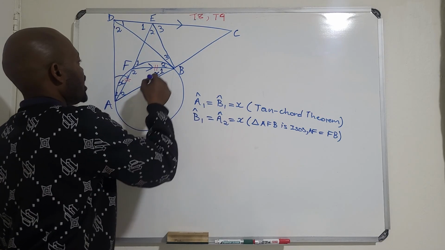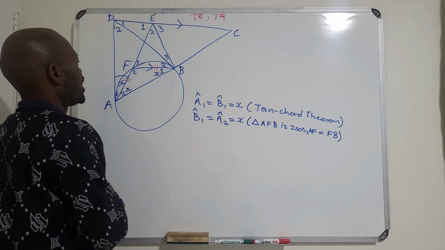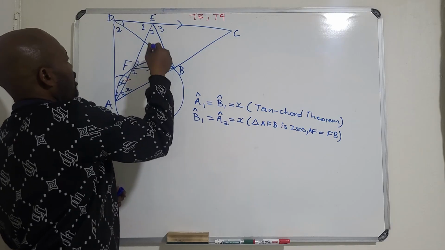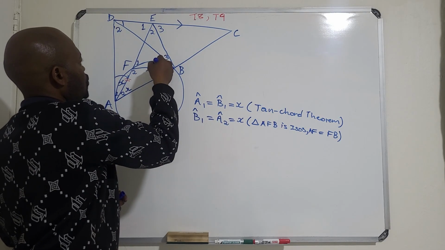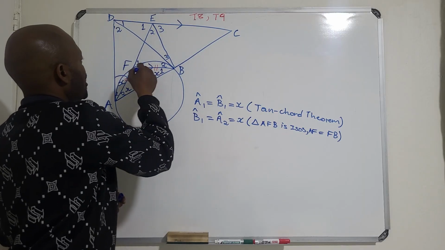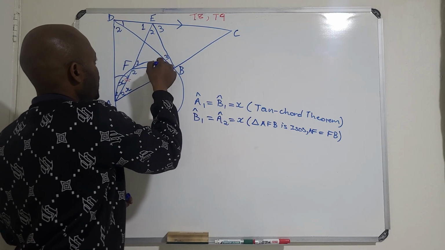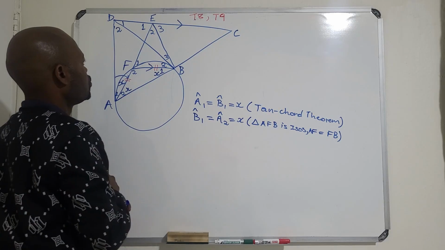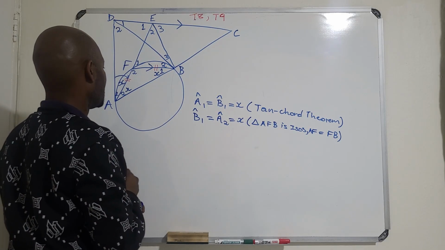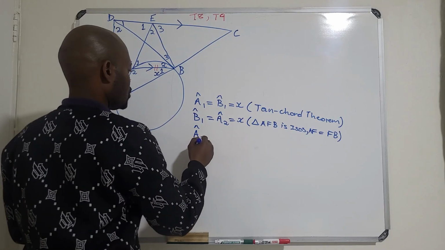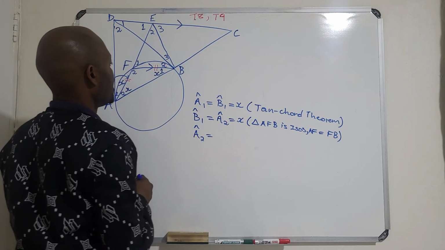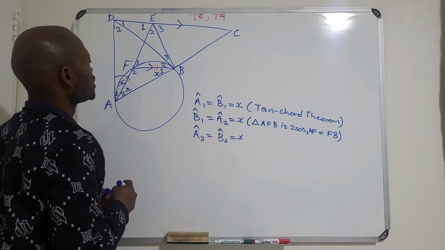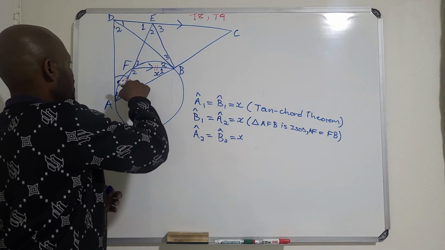Now we have that this angle is equal to x as well. We know that this angle is x, and we also know that this angle is x there. There's a chord which makes an angle with the tangent, which is B2. This tangent makes an angle with the chord. Therefore, this angle is equal to that angle there. So angle A2 is equal to angle B2, which is equal to x, because this angle is equal to that angle there.